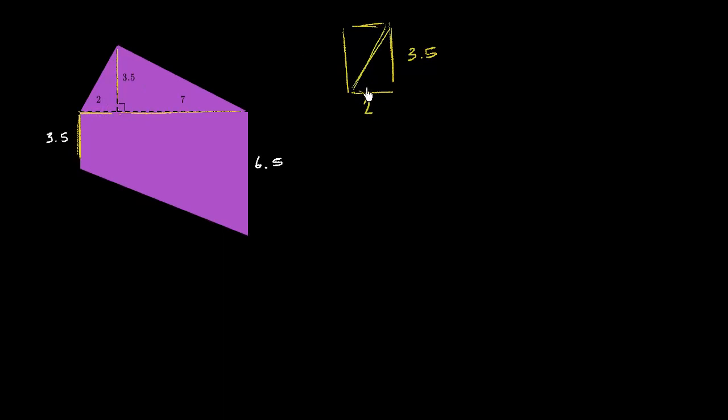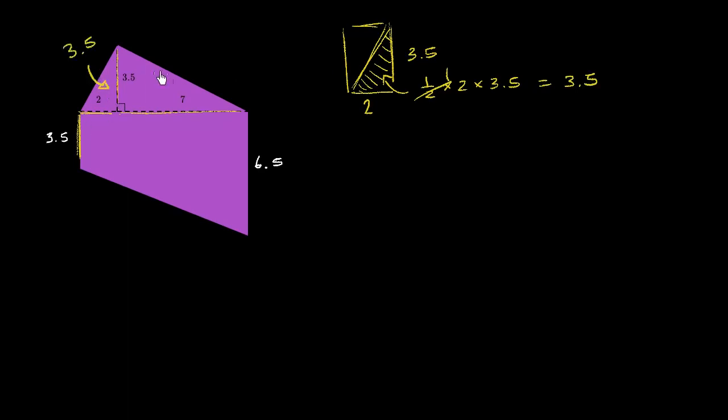We just care about half of its area. So this area is going to be 1/2 times 2 times 3.5. And 1/2 times 2 is equal to 1. 1 times 3.5 is 3.5 square units. So the area of that part is going to be 3.5 square units.